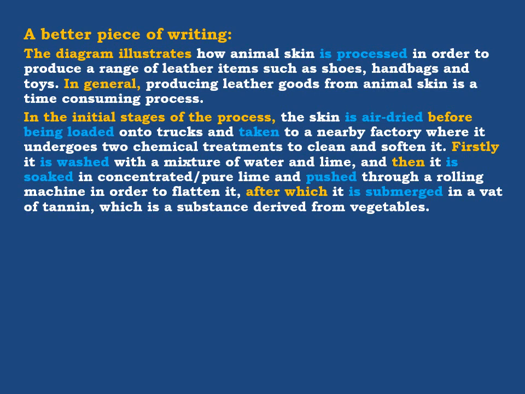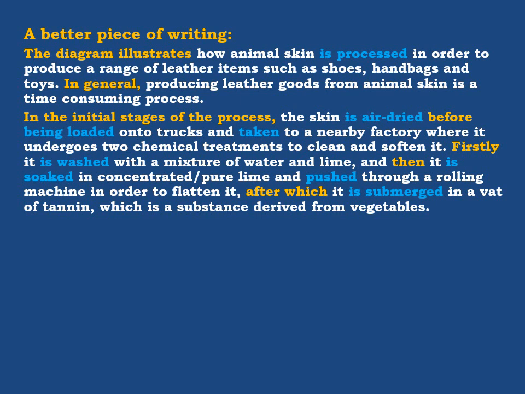And here, when he talks about the 2 chemical treatments, if you remember when he said washed in water and lime and soaked in lime, yeah, these are the 2 steps. And he is mentioning them here. Firstly, it is washed. Firstly, why firstly? Because he's talking about the 2 steps he mentioned in the previous sentence. So firstly, it is washed with a mixture of water and lime, and then it is soaked.